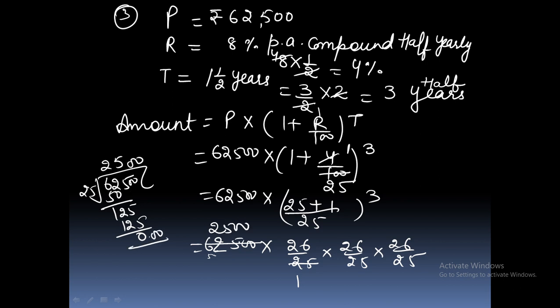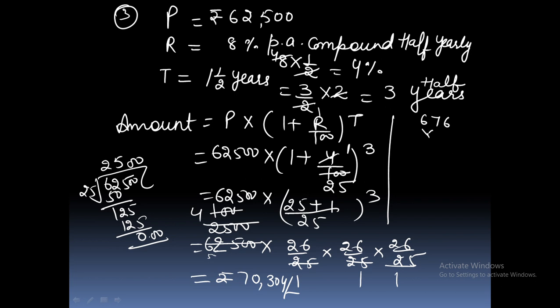Now 25 ones are 25, 25 ones are 25, 25 ones are 25, 25 fours are 100. 26 multiplied by 26 multiplied by 26 and then multiplied by 4, we will get rupees 70,304.